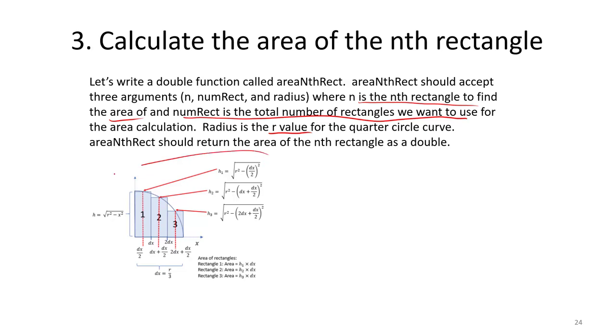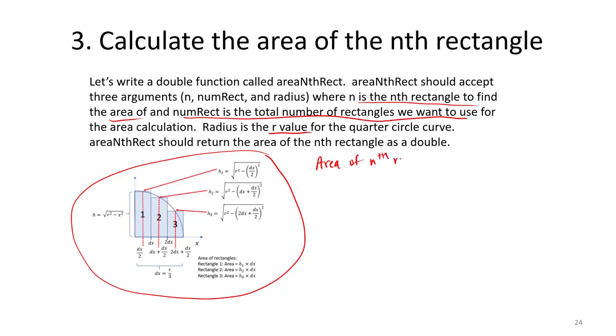So you can see in this figure some useful information that is helpful to consider. Remember, the area of the nth rectangle is equal to the base of our nth rectangle times the height at the x location.